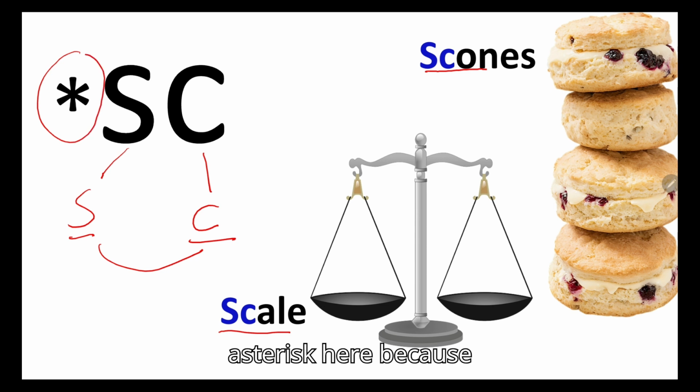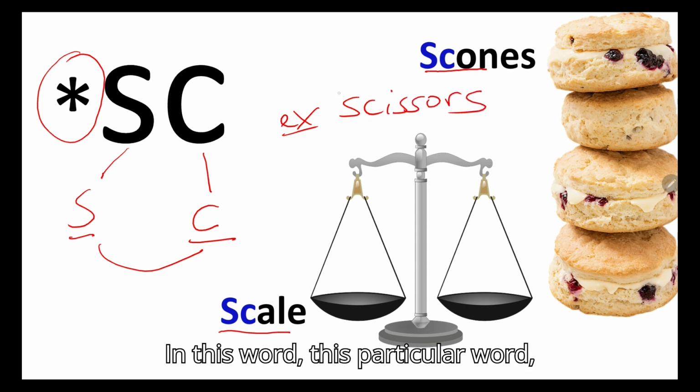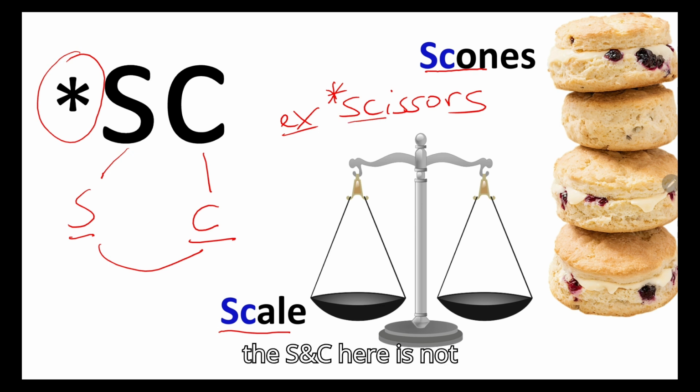I put an asterisk here because sometimes when you see S and C in a word, it will have a different sound, okay? To not confuse you, look at the word scissors. In this particular word, the S and C here is not pronounced as sk.